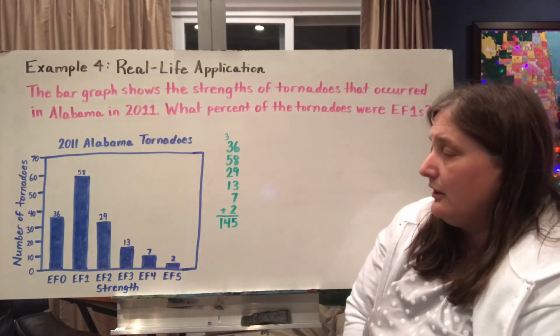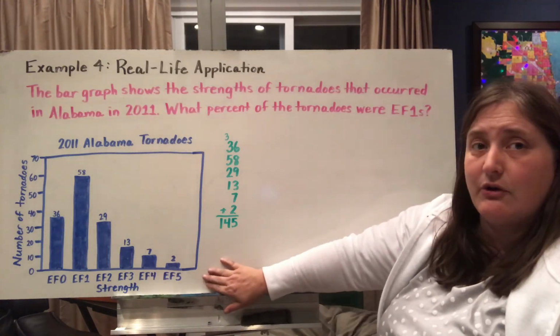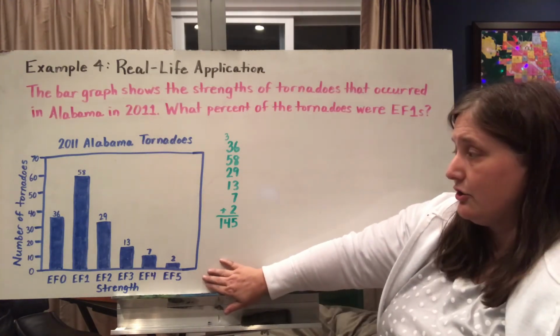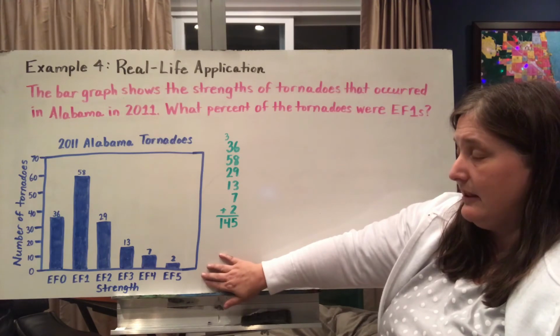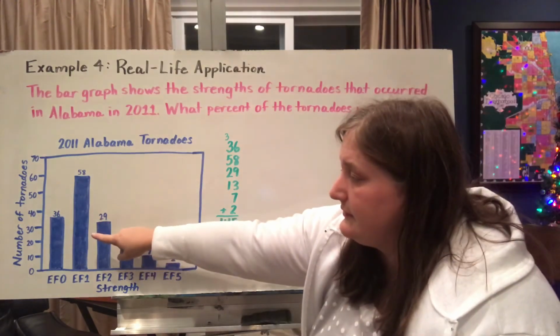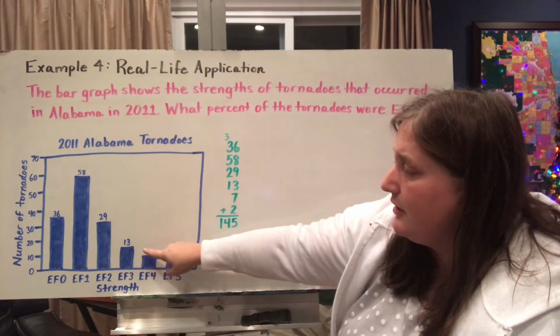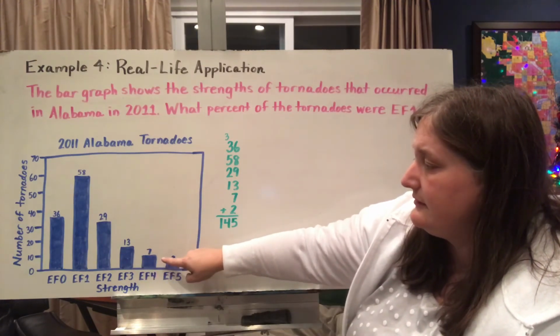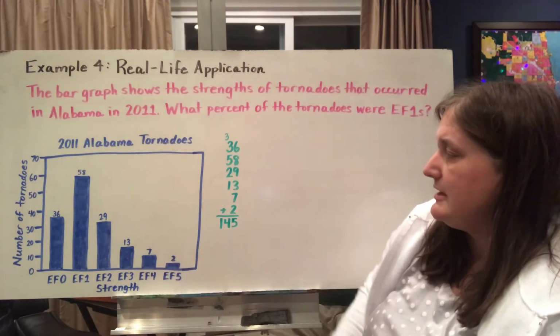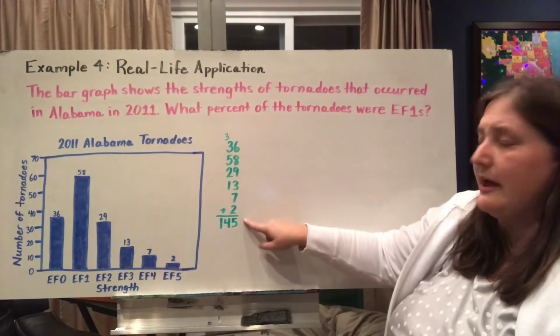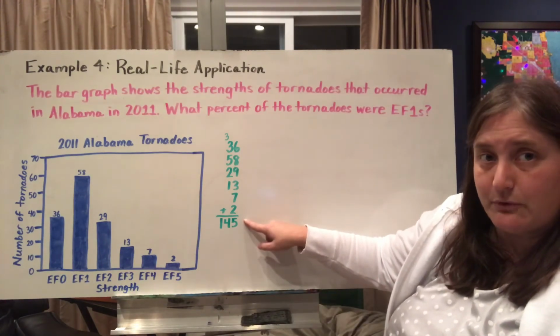So first, I looked at this graph and I realized I needed to know how many tornadoes occurred in Alabama in 2011. I had 36 EF0s, 58 EF1s, 29 EF2s, 13 EF3s, 7 EF4s, and 2 EF5s. So I totaled that up for a grand total of 145.